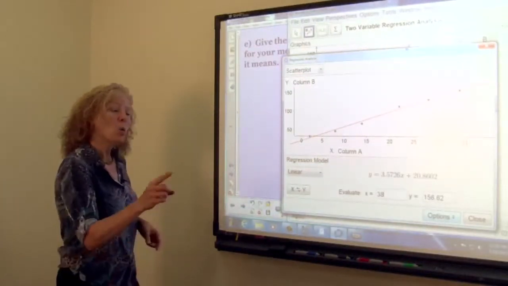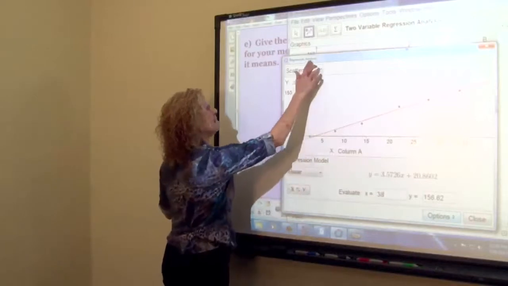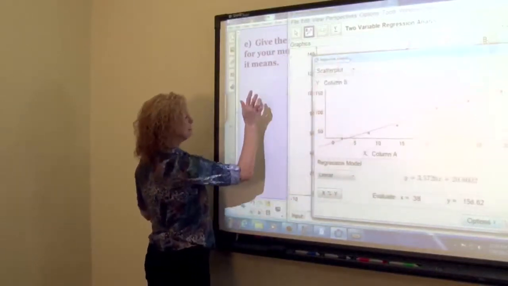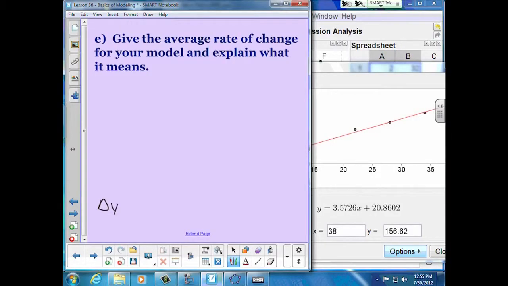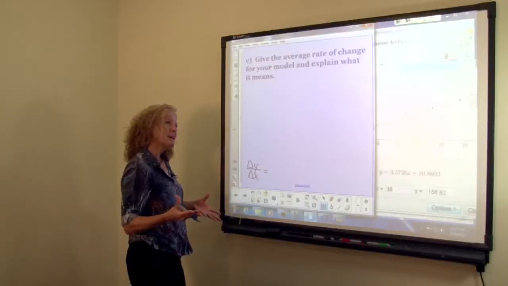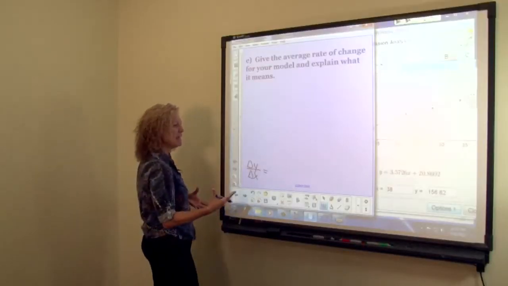What does it mean? Well, you might recall that what I have suggested for you to think about is that on my slope, I think delta y over delta x. And what was the y coordinate in this case? Well, let's see here. That y coordinate was number of candidates.